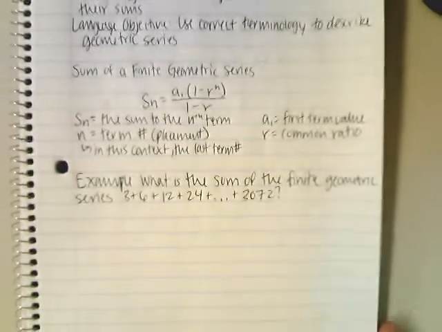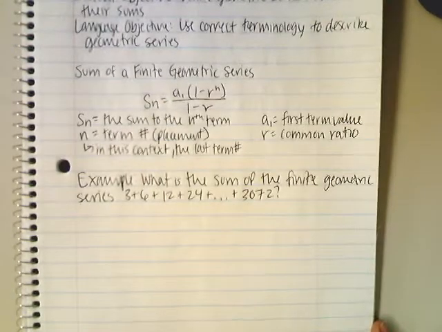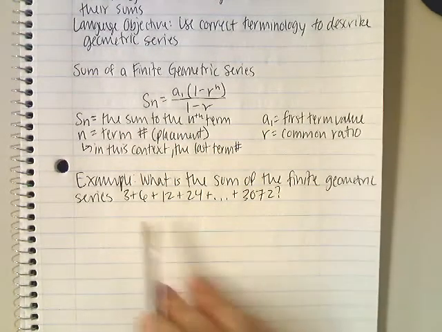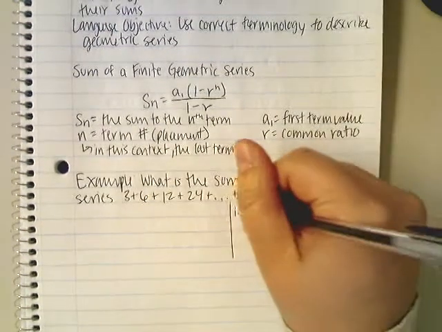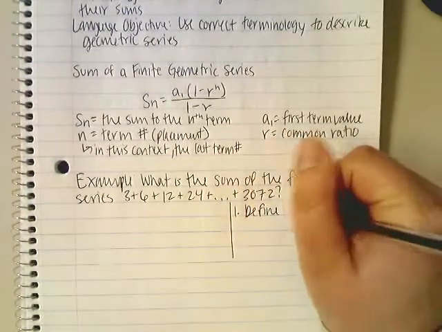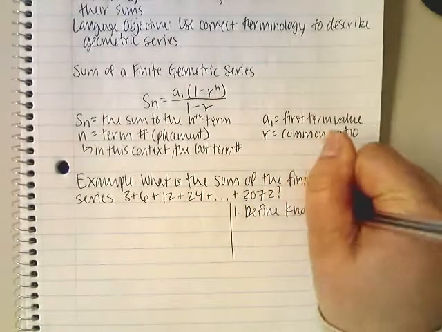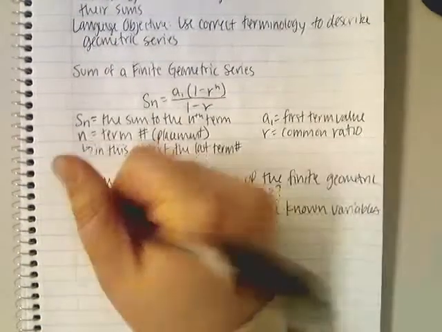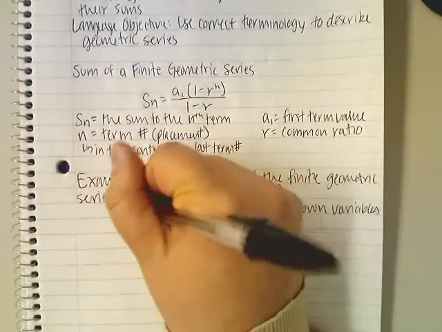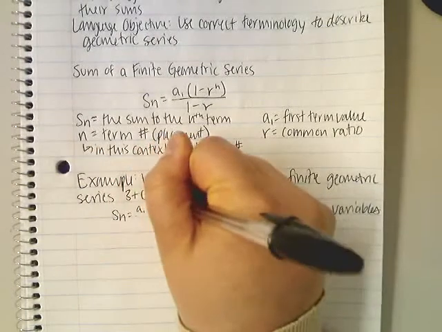We're going to find the sum by first defining our known variables. So again, just to rewrite the formula so you can look at it as we do this problem.